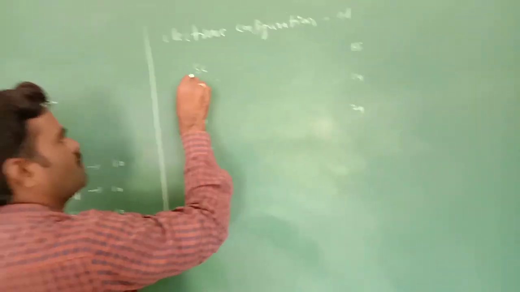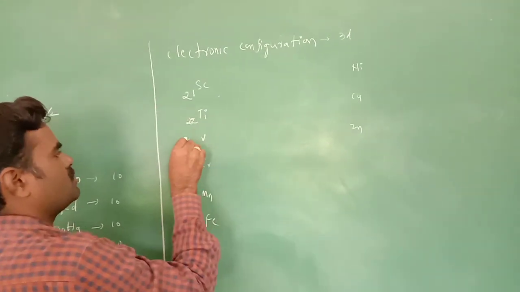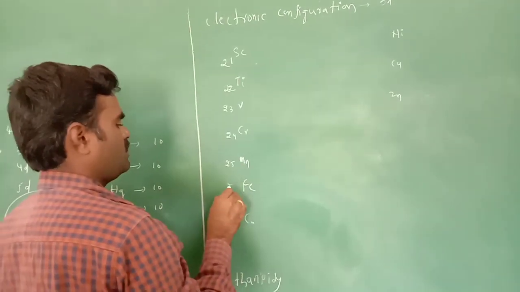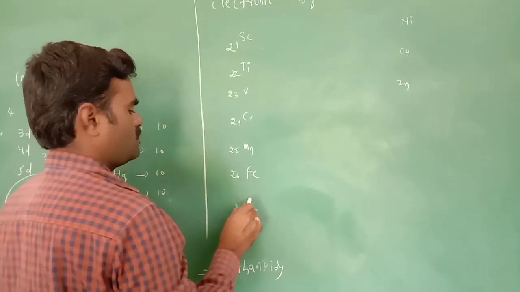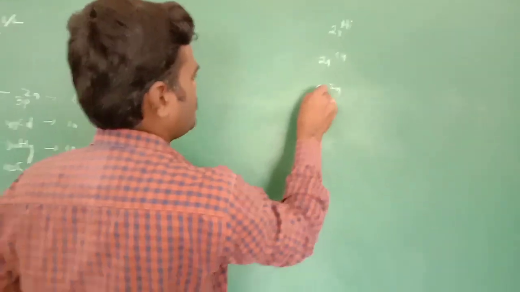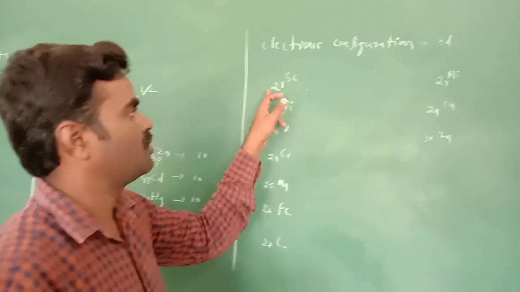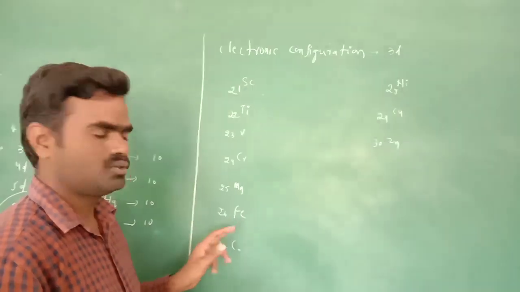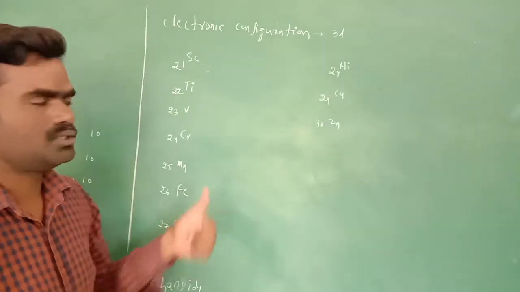Their atomic numbers are 21, 22, 23, 24, 25, 26, 27, 28, 29, 30.